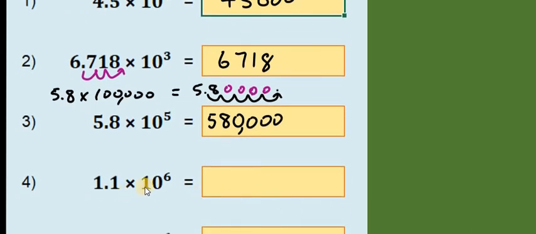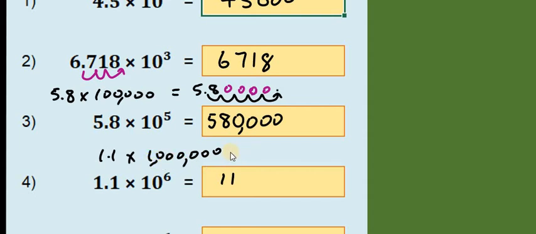Now 1.1 times 10 to the 6. So that's the same thing as saying what? 1.1 times a million. So that's 1.1 times a million. And so that will be what? 1, 1.